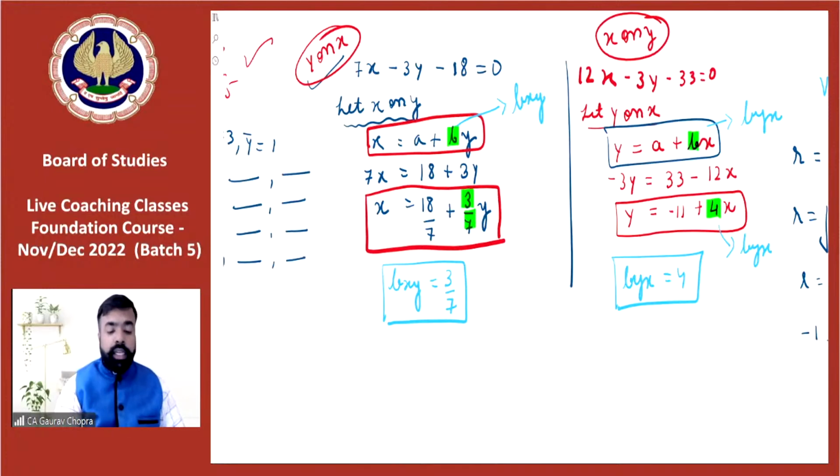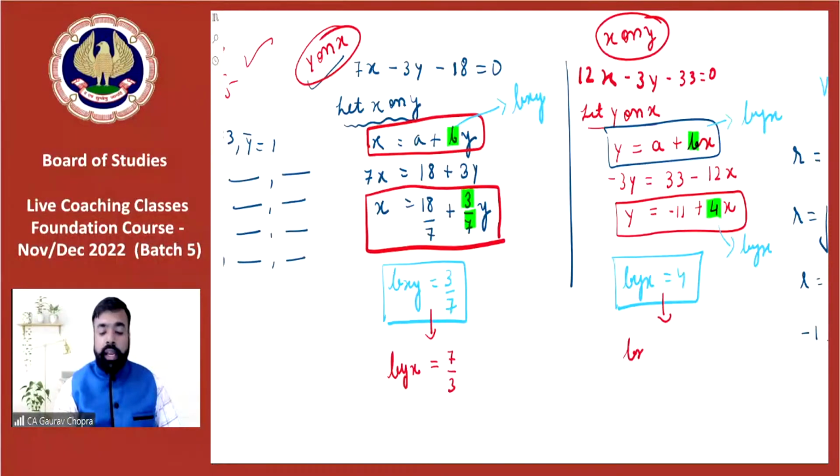And now if we want to calculate bxy and byx, we can calculate directly also. Just change the thing. Bxy can be written as byx, and 3 by 7 we will write as 7 by 3. Similarly, here byx we will write as bxy, and 4 will become 1 by 4.